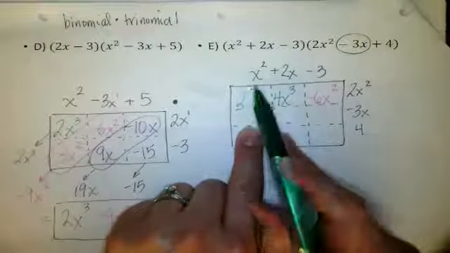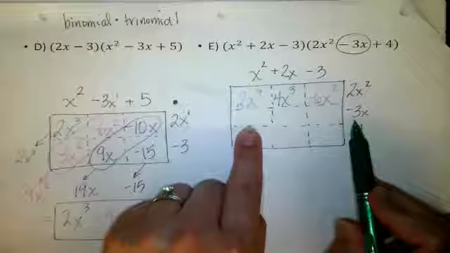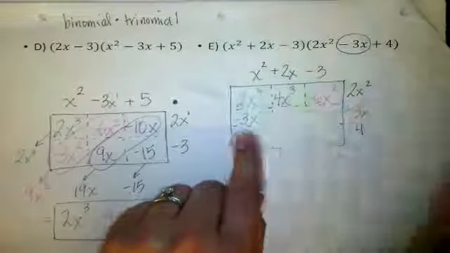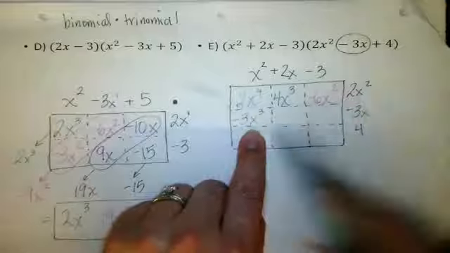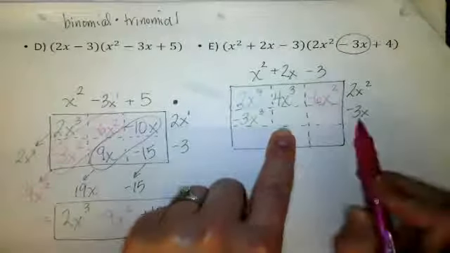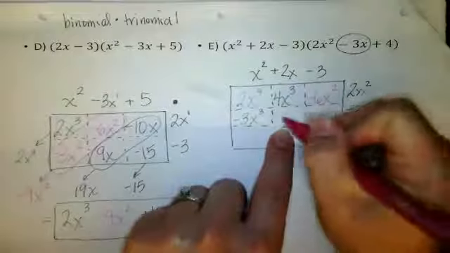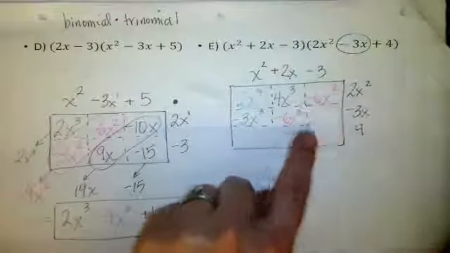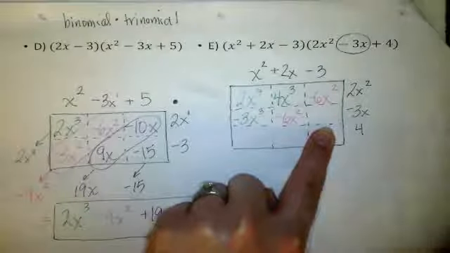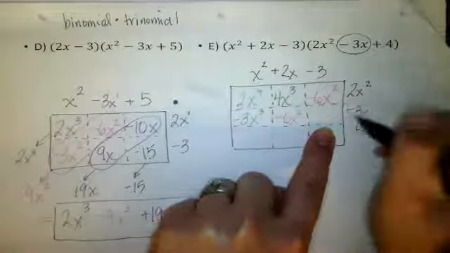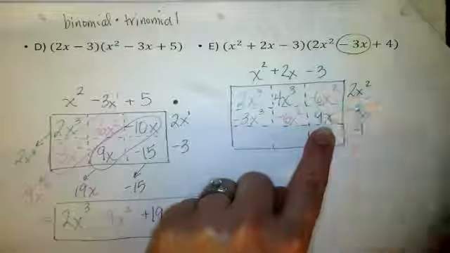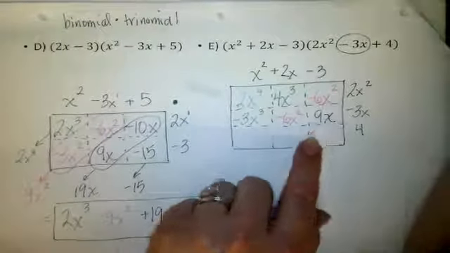Down here is x squared times negative 3x. Negative 3x cubed. X squared times x is x cubed. 2x times negative 3x is negative 6x squared. Negative 3 times negative 3x is positive 9x.